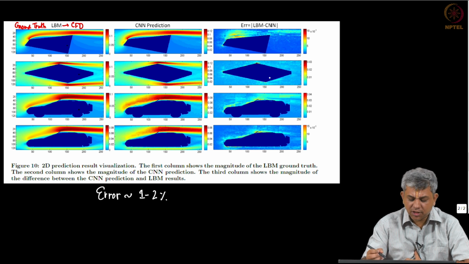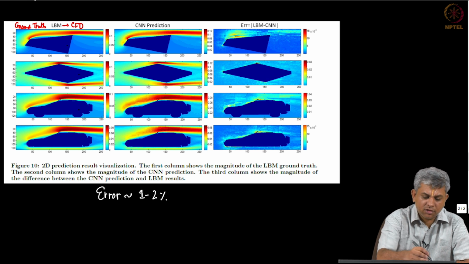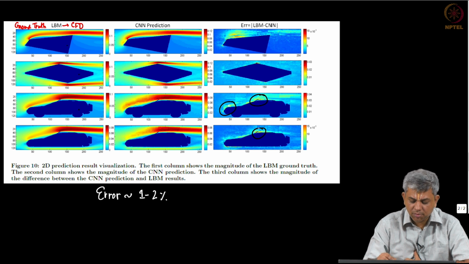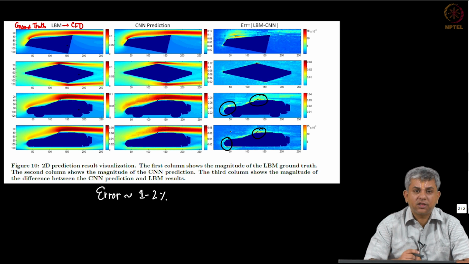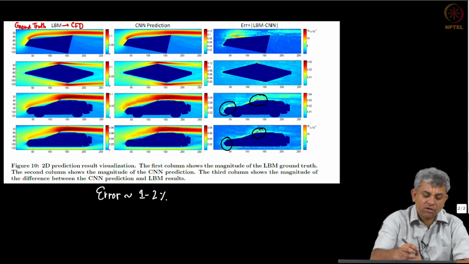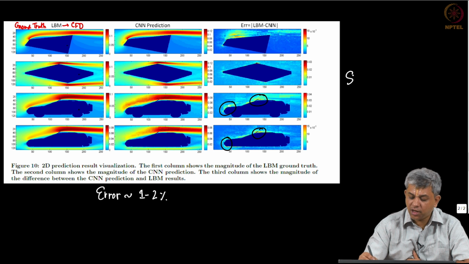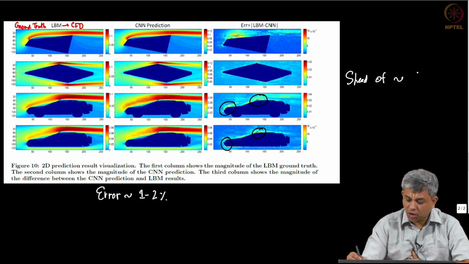Now, as a person in CFD, we know that these things can be somewhat worrying. Okay, so, there is some error near the boundary, which is actually important for people within CFD, but nonetheless overall this is actually a remarkably good prediction. The speed up is actually quite huge. Okay, so, speed up of order a few hundreds.